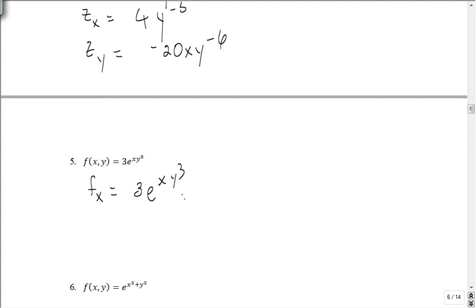But it's a chain rule, so now you need to multiply by the partial of xy cubed with respect to x, which is y cubed. So your answer is just 3y cubed e to the xy cubed. So you see the chain rule is now coming into effect here.